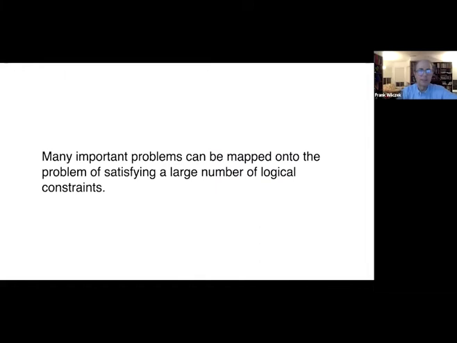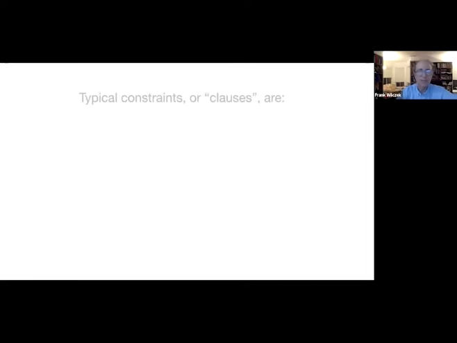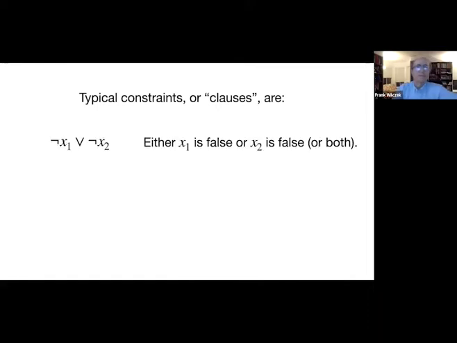So many important problems can be mapped onto the problem of satisfying a large number of logical constraints. So, for instance, you might want to say that either x1 is false or x2 is false, or both.